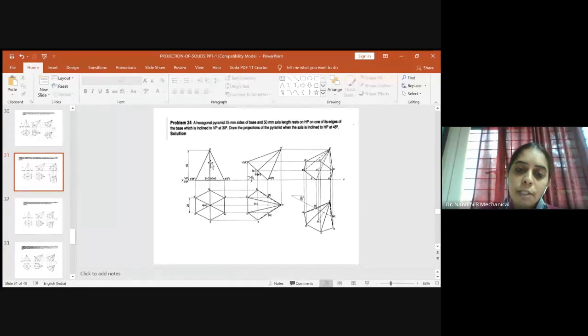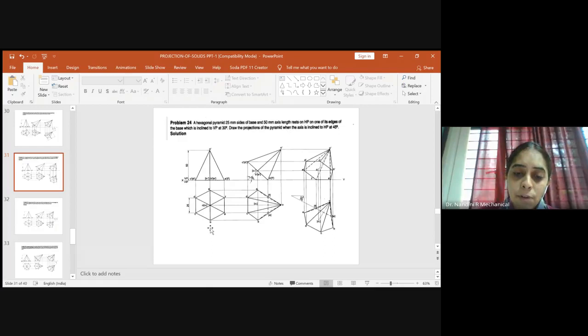Once you do the darkening part, next you have to give the naming for it. How do you do it? Again, your observer will be here. When the observer views from here, C and D are falling along the same line. But when he views from here, C will be visible and D won't be visible. So here in our front view, you will write it as C dash and D dash.